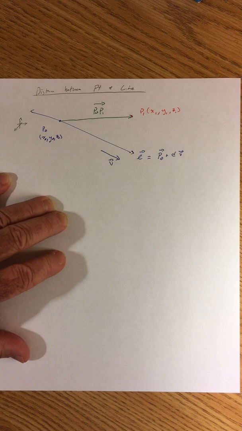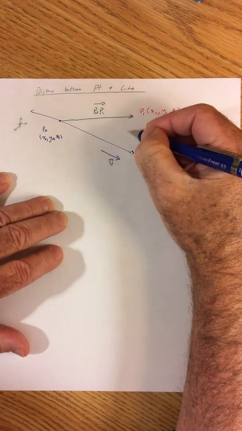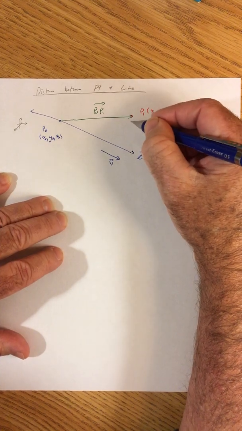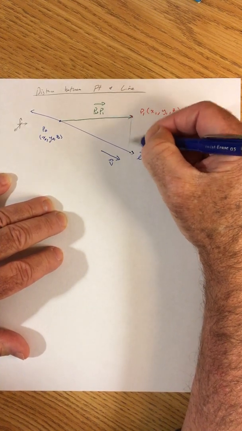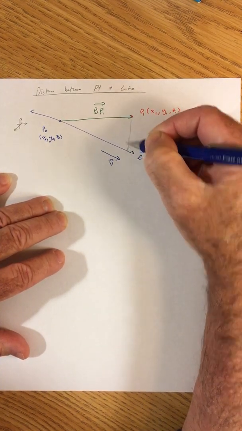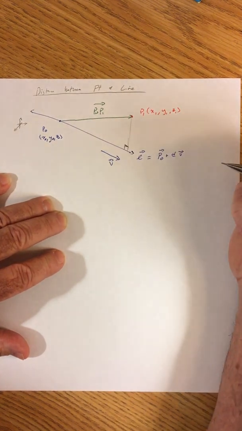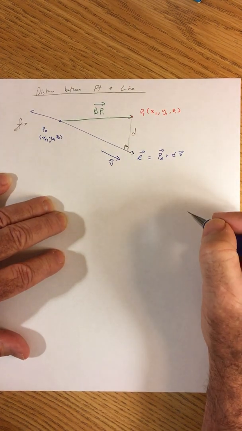Now, the shortest distance between the two of these is at a right angle. Like, say, this. You might say, that doesn't look like a right angle, but let's just assume that it is because we're looking at this from a three-dimensional perspective.